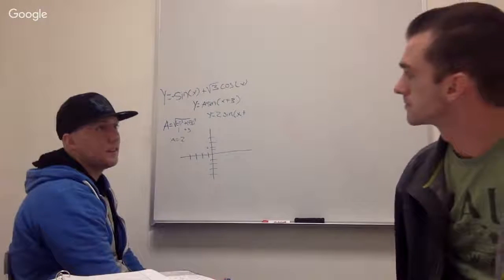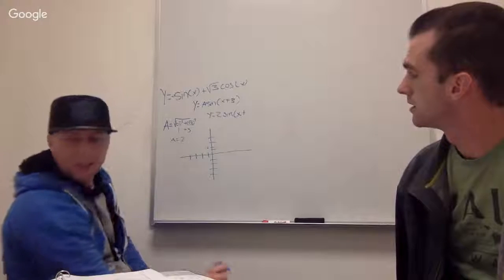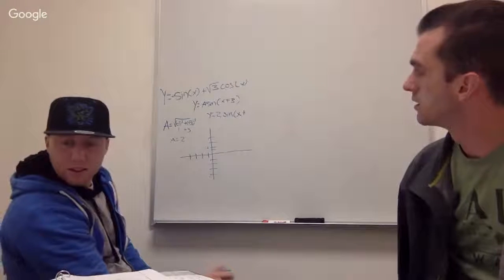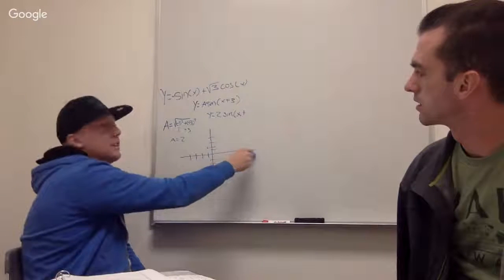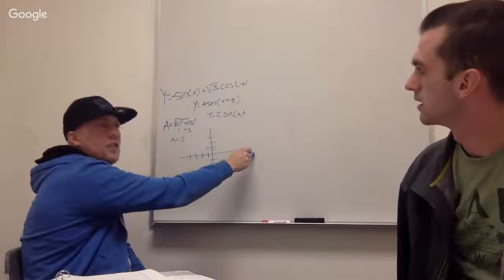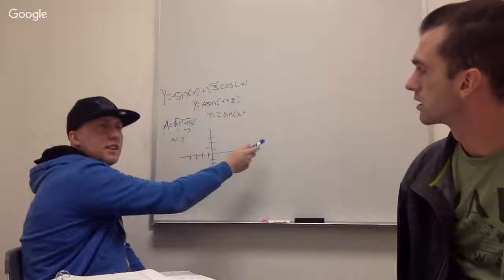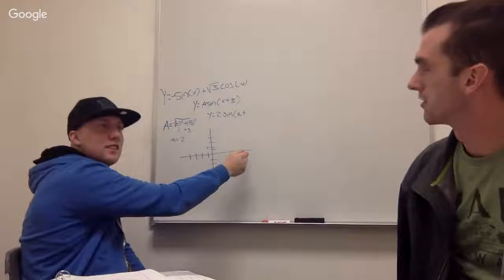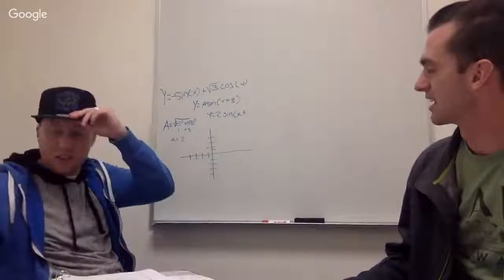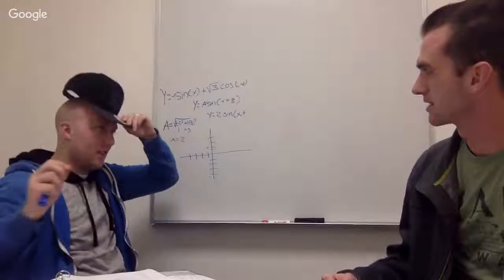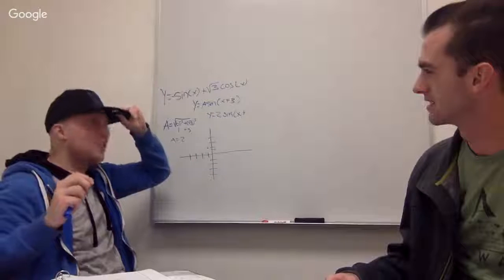Usually it's the opposite, right? Usually you put your cosine on the x value, on the x-axis. Or is the cosine's y value? No, it's the x value. I'm all confused. Yeah, usually, but this one, sine is y, cosine is x.